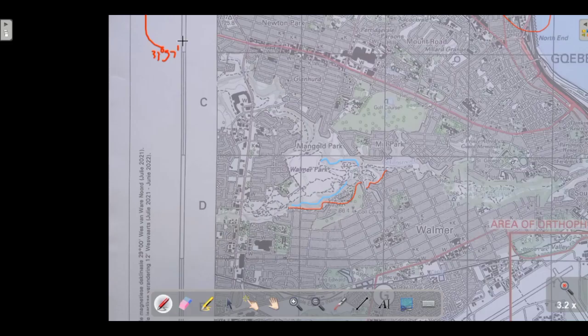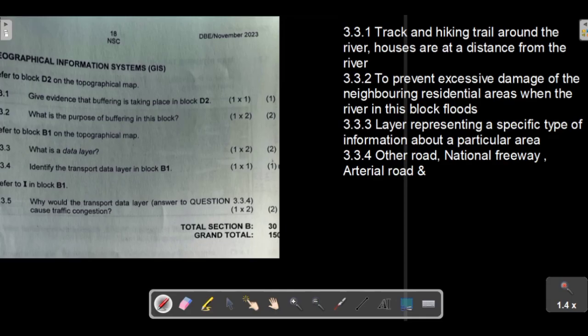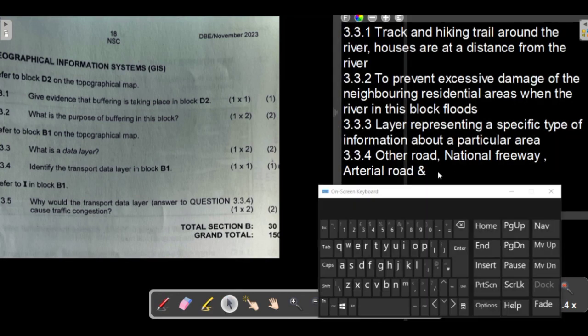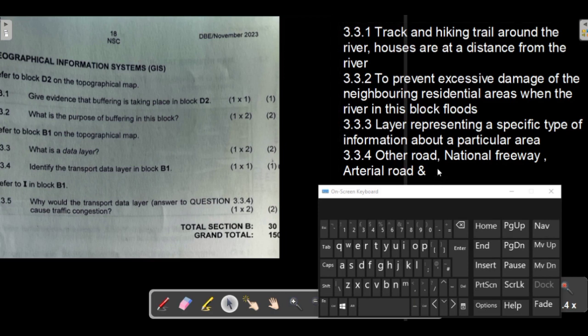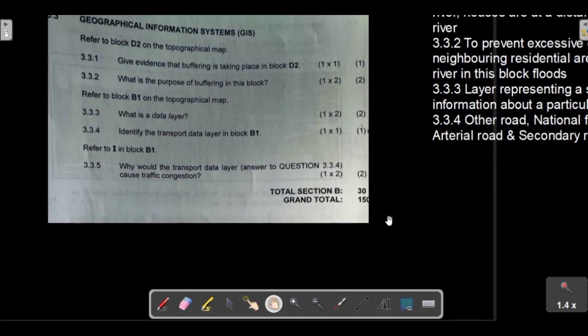Oh man, secondary road, right? Yeah, secondary road. Okay, so that's the information about transport, and secondary road. That's what I would have written, guys. Let me know what did you guys write in the comments.